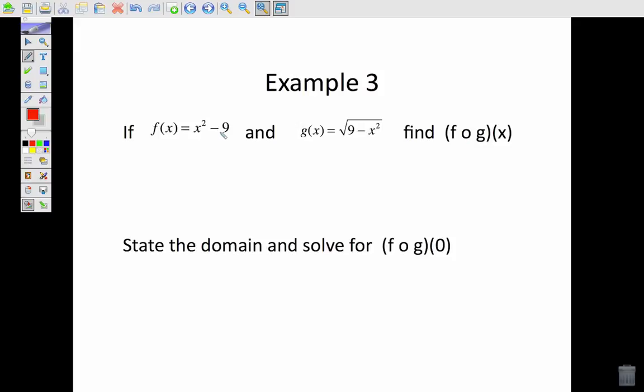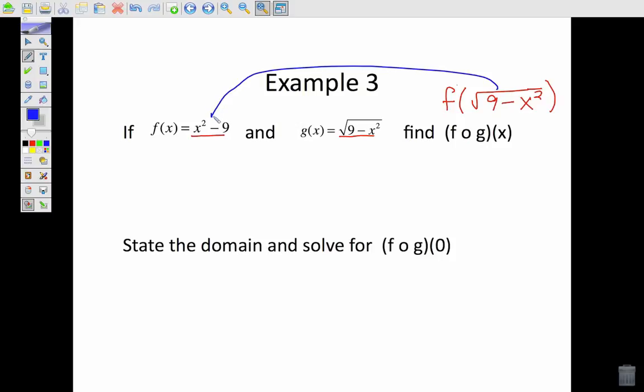Let's try this one. We've got, if f of x equals x squared minus 9. All right, so this is my function f. This is my function g. We're finding f of g of x. So f of g of x is the square root of 9 minus x squared. This is what we're going to go ahead and evaluate.